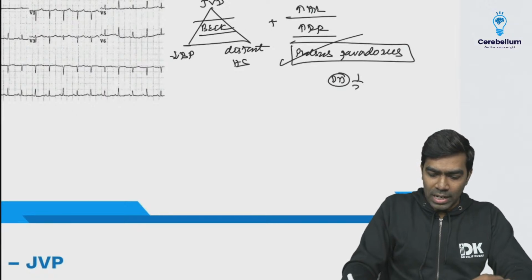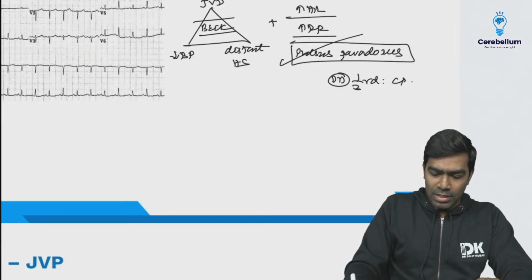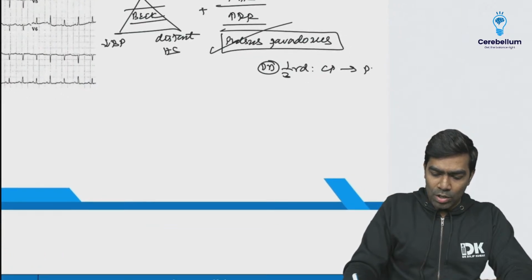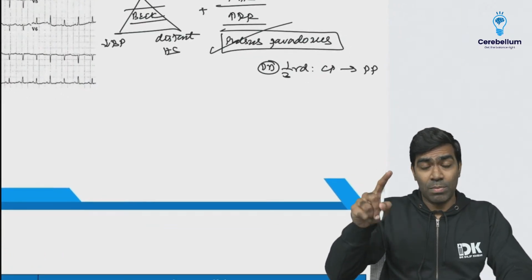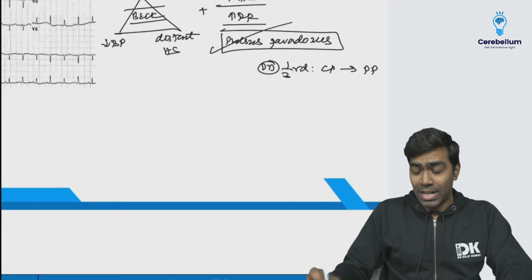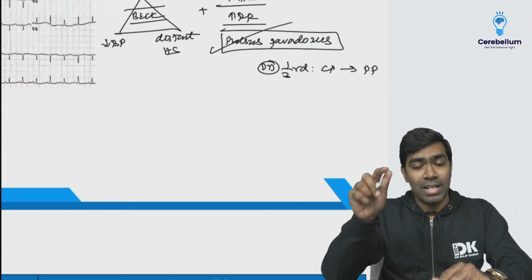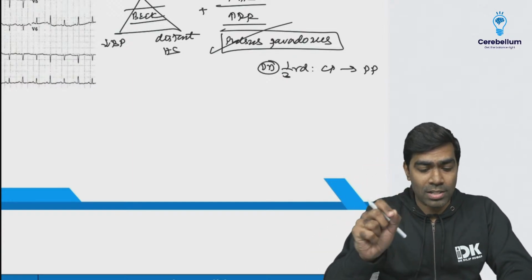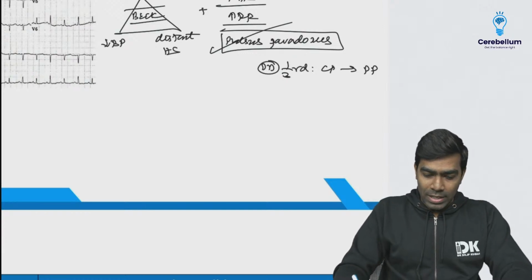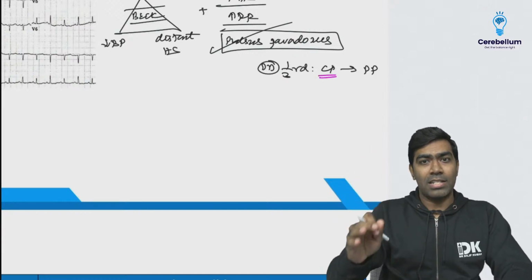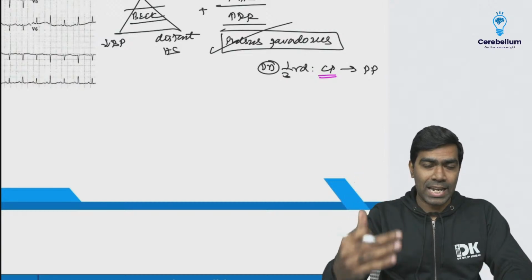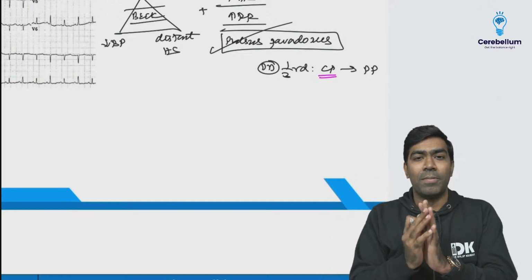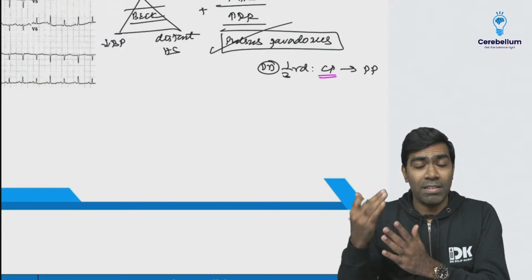Remember, one-third of cases of constrictive pericarditis can also produce pulsus paradoxus, but in exam, don't answer this unless it's specifically asked for. When they talk about constrictive pericarditis, answer only Kussmaul sign, which is nothing but the absence of respiratory variations in the JVP.